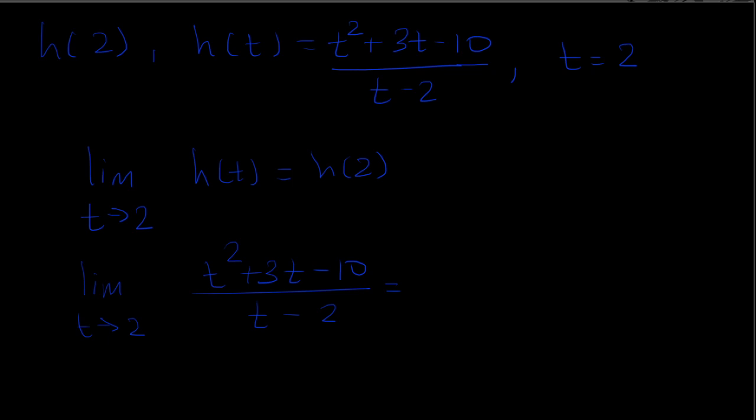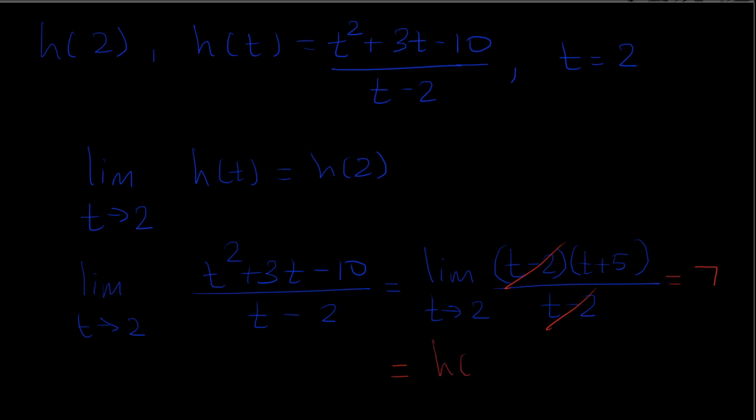This we can simplify. We can factor the numerator as t minus 2 times t plus 5. Now the factors of t minus 2 are going to cancel, and if I plug in t equals 2, I get 7 as my limit. And we want that to be h of 2.